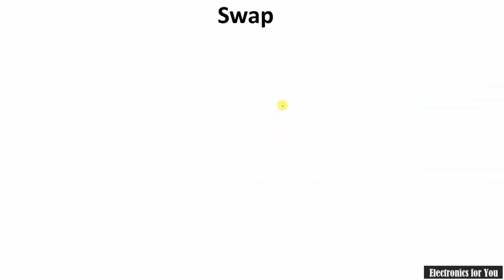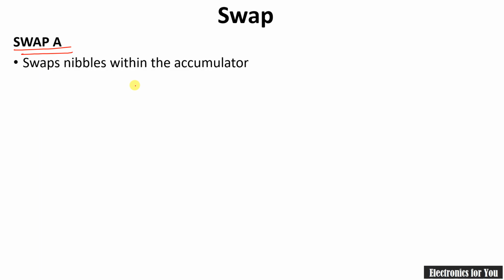The next operation is the swap operation. It is a very easy instruction. Here SWAP A is the only instruction for that, and it will exchange the nibbles within the accumulator. For example, if the accumulator has the hexadecimal value 57, then after the swap instruction the 7 is shifted to the left side and the 5 is shifted to the right side, and therefore we will get 75H.